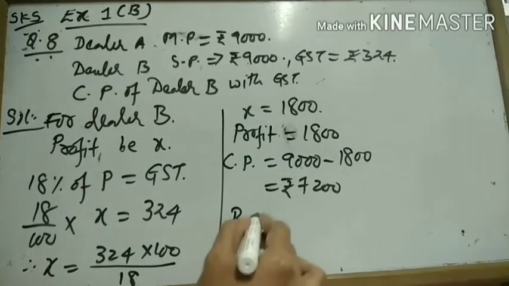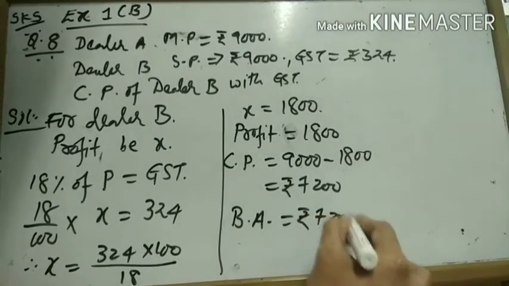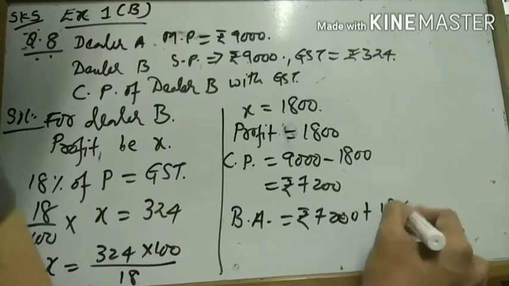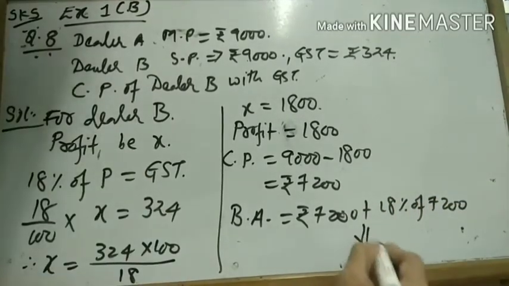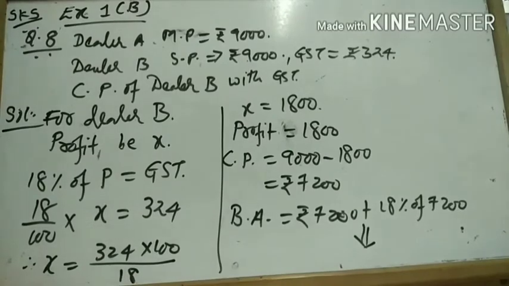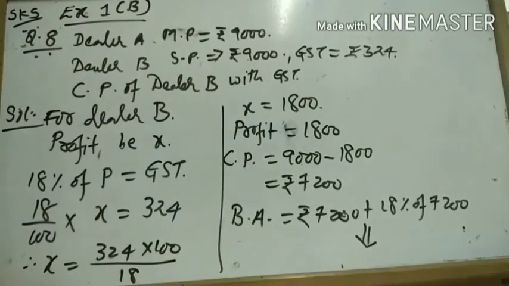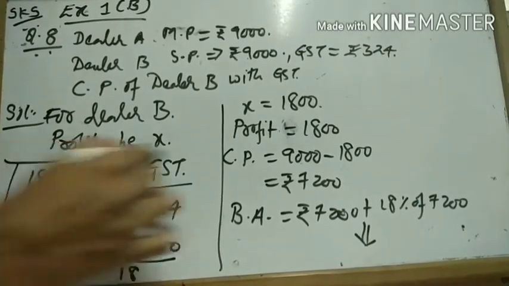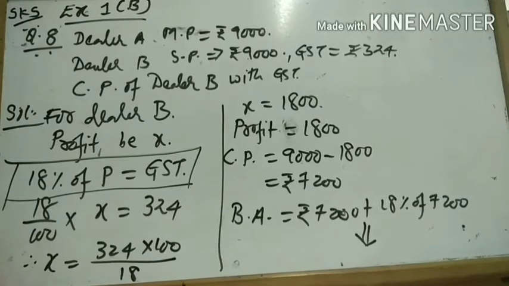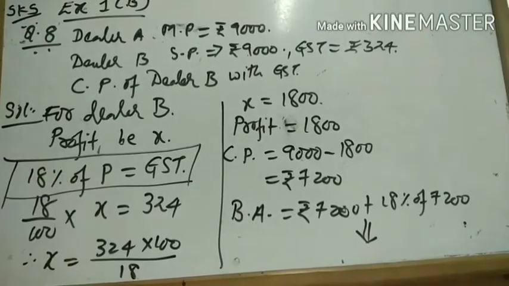So the bill amount will be nothing else but rupees 7200 plus 18% of 7200. Calculation can be done easily, and that will be your total bill amount, that is CP for dealer B with GST. So again, I am stressing this particular concept. Whenever I say GST paid by the in-between dealer, it is always paid on his profit.